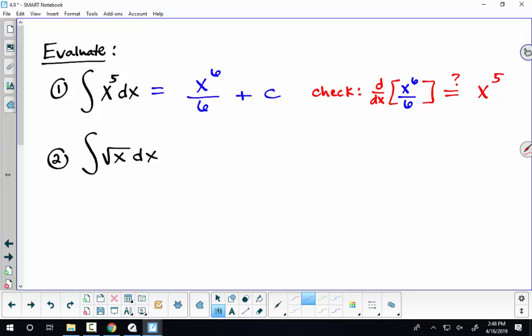How about the antiderivative of the square root of x? Here we're going to think about the root as a power of x, so that's the antiderivative of x to the 1/2.